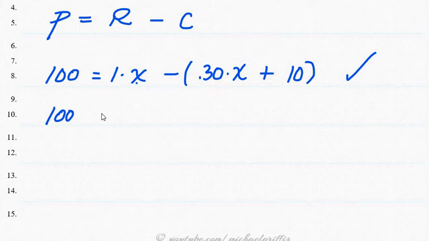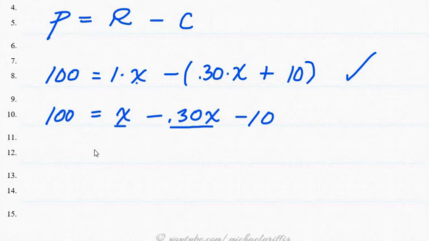So let's rewrite. Minus 0.30x. Distribute this minus sign across now. Collect up our like terms. So that's going to make that 1 minus 0.30, which is 0.70x minus 10, and that's all equal to 100.